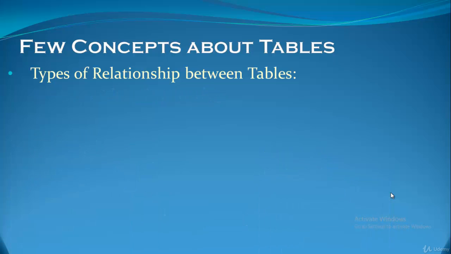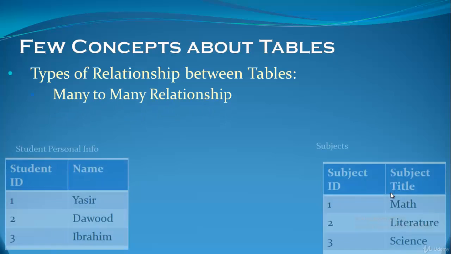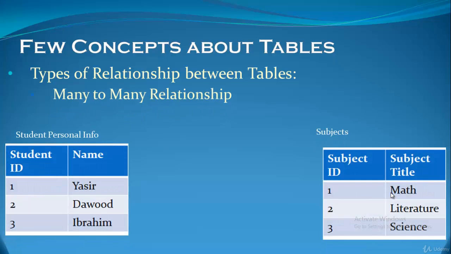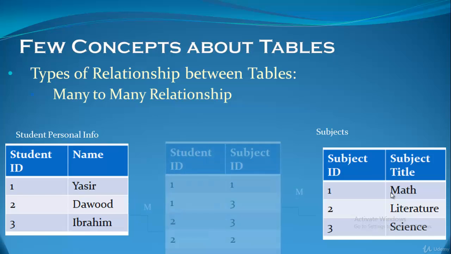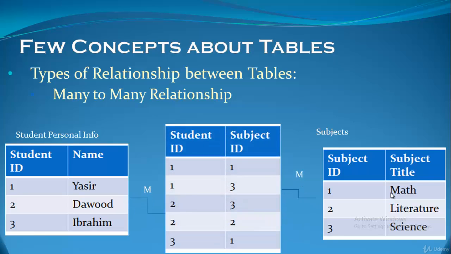Last type of relationship is many-to-many relationship, which means many records of a table can have many representations in the other table. For example, a student can have many subjects and a subject can be allocated to many students as well.